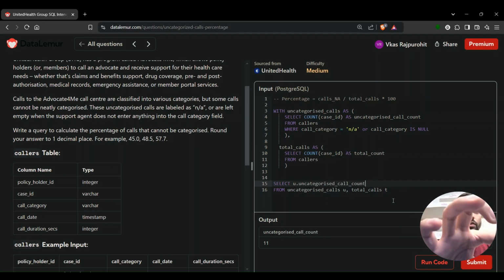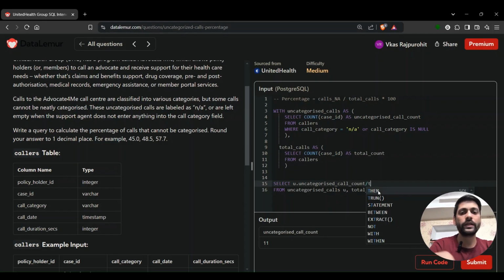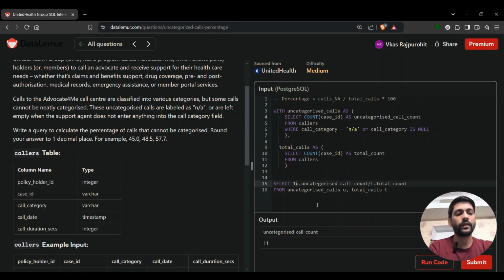So I will take the count from u and divide it by the total count from table t. Then I will multiply it by 100. I will write 100 as a decimal, because we need a decimal value instead of an integer. Then I will give the name percentage.